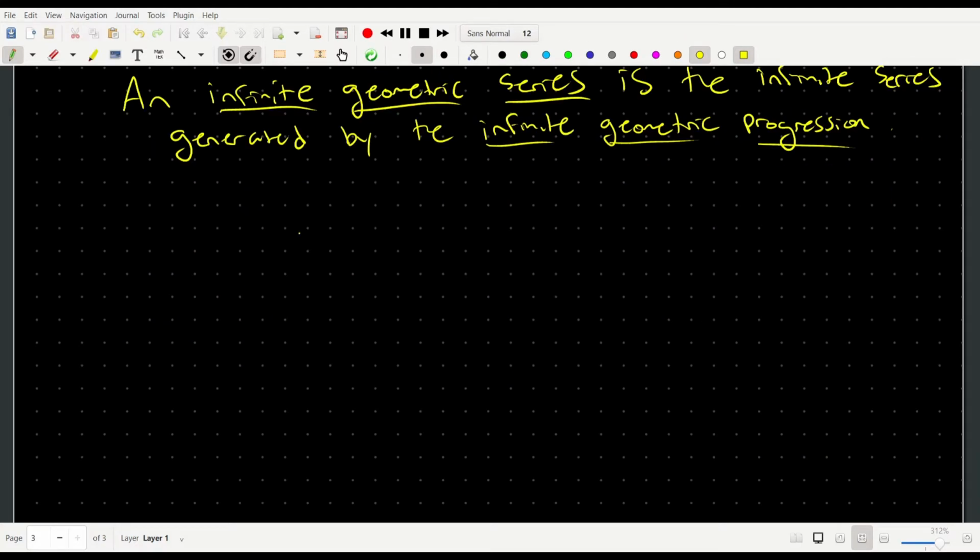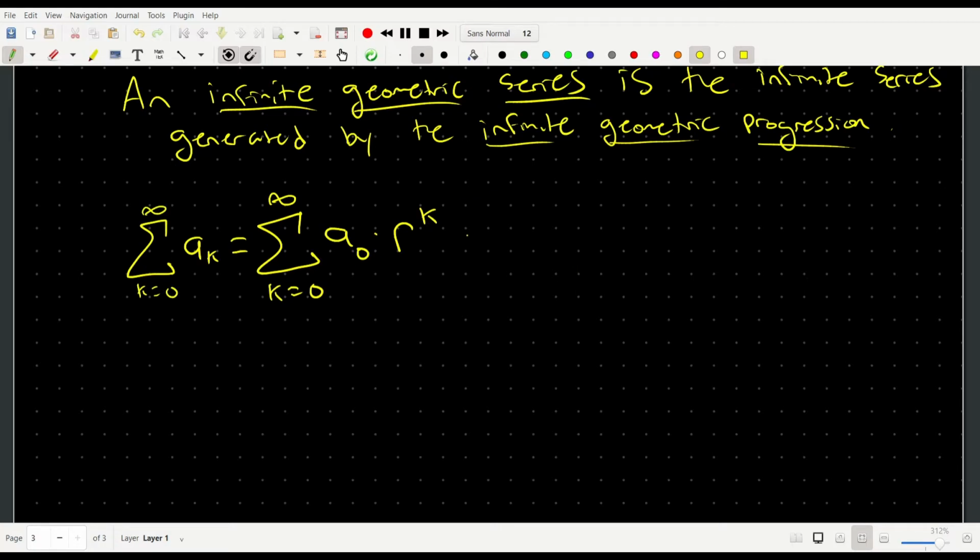So what this means is that it's the sum from k equals 0 to infinity of a0 times r to the k, which is the sum of the kth term in the geometric progression. And we know exactly what this means, right?